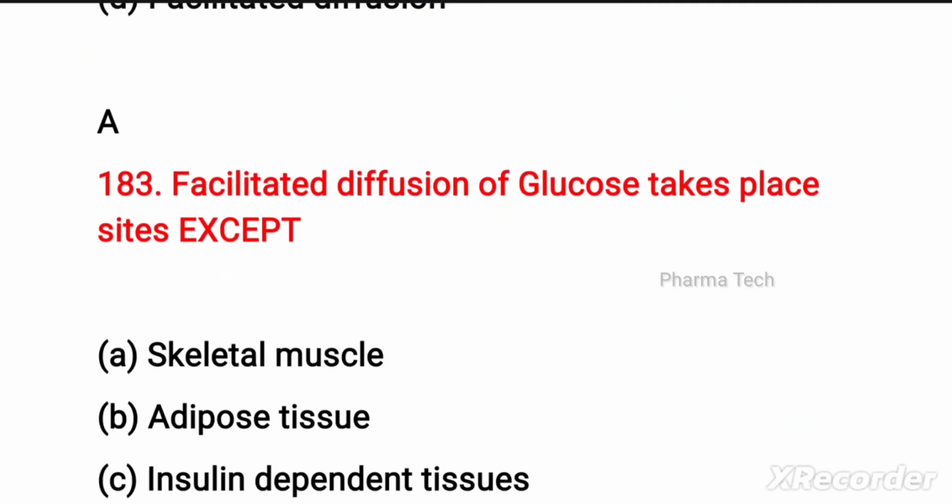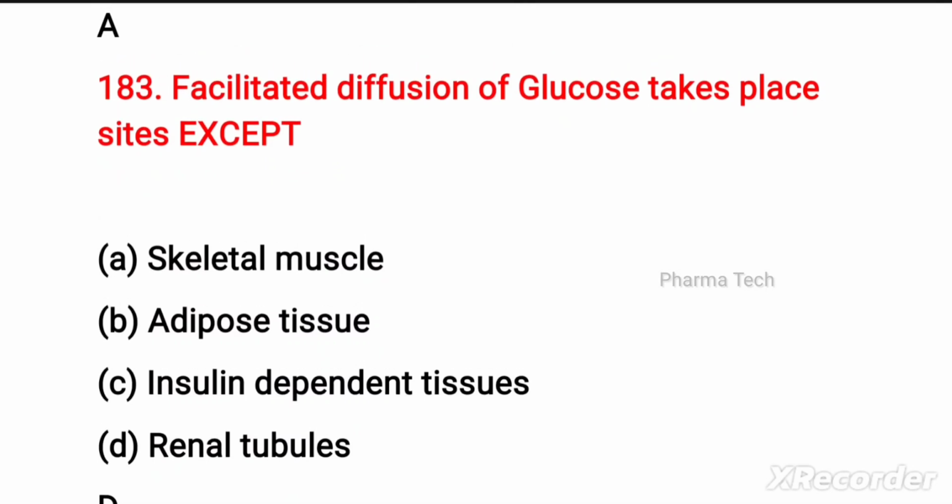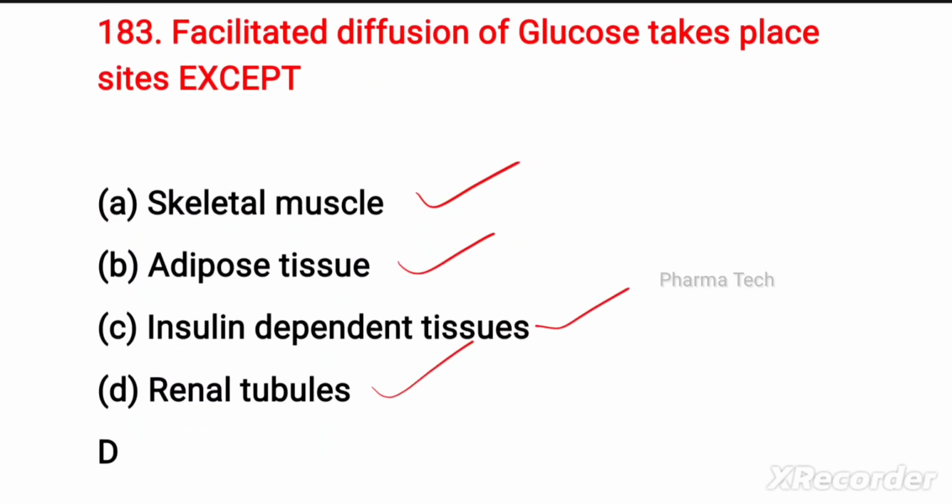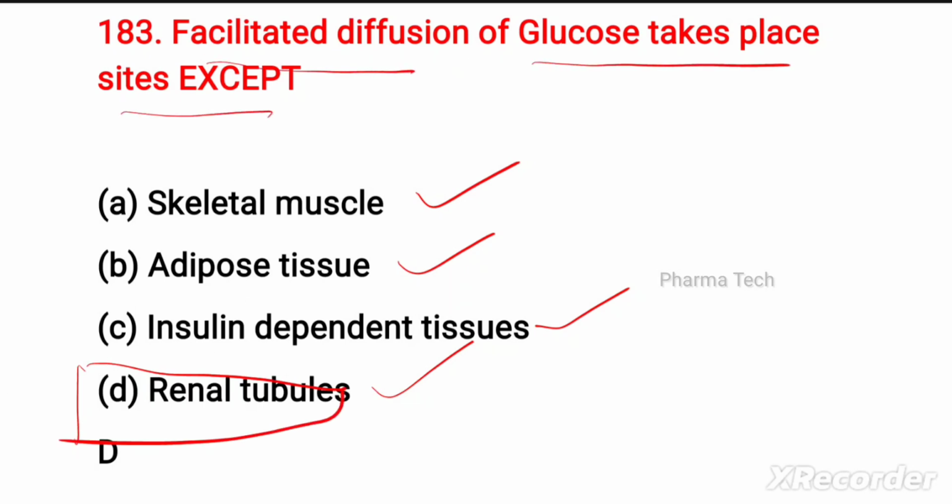Next question, facilitated diffusion of glucose takes place at all sites except, options are skeletal muscle, adipose tissue, insulin dependent tissues, renal tubules. Answer is D, renal tubules.